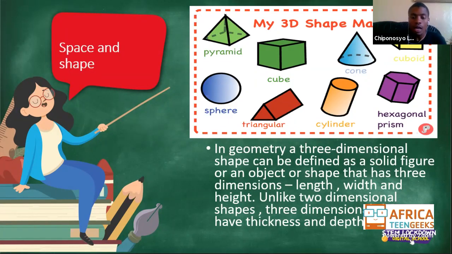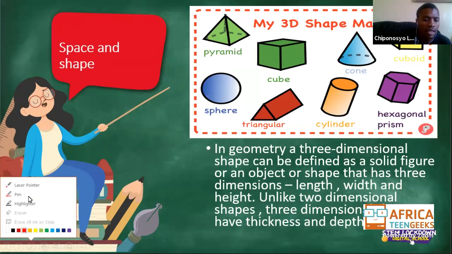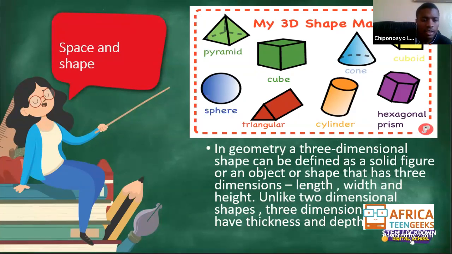Right. So now let me explain what is meant by a three-dimensional object. In geometry, a three-dimensional shape can be defined as a solid figure.